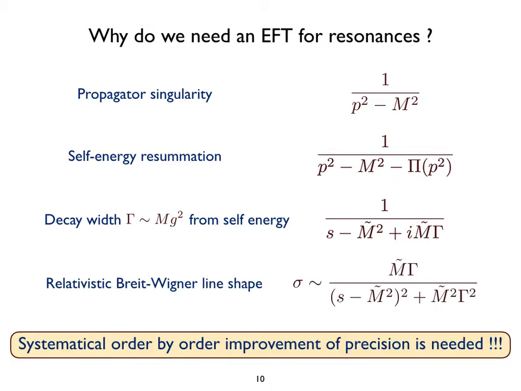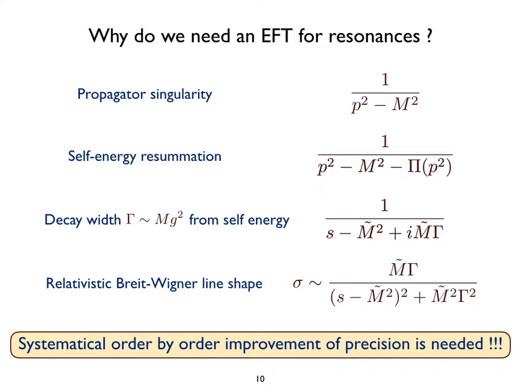This simple consideration indicates the Breit-Wigner form of the resonance curves, which is used as a starting point to fit the experimental data. However, to identify all necessary terms in the calculation of a given accuracy is not a trivial task. For example, the box graph contributions are not included in the self-energy resummation.